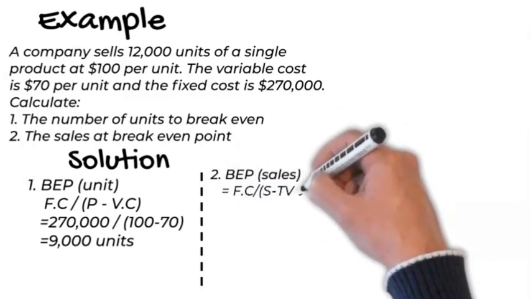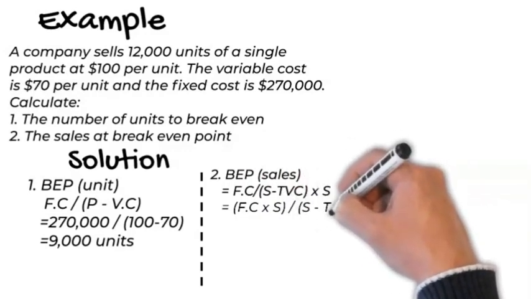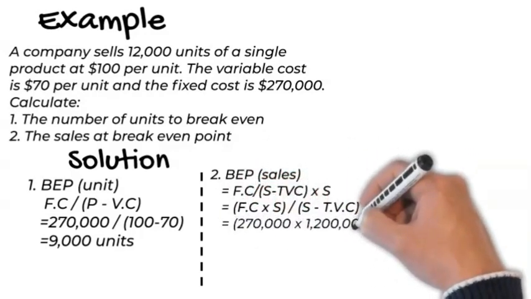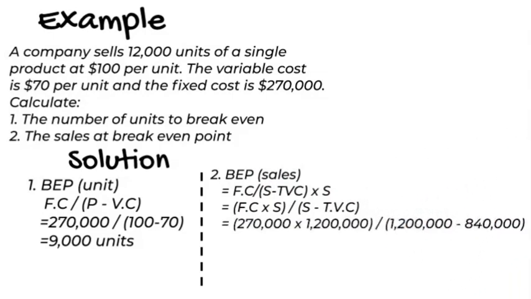The sales at break-even point is BEP in sales, which is fixed cost divided by (sales minus TVC, which is total variable cost), all multiplied by total sales, and that gives us $900,000.